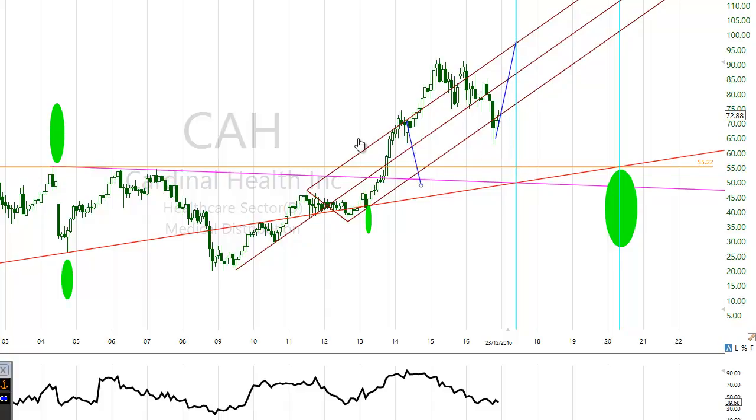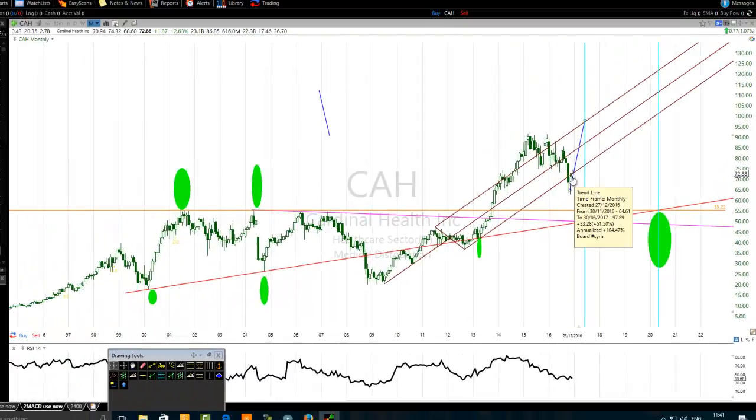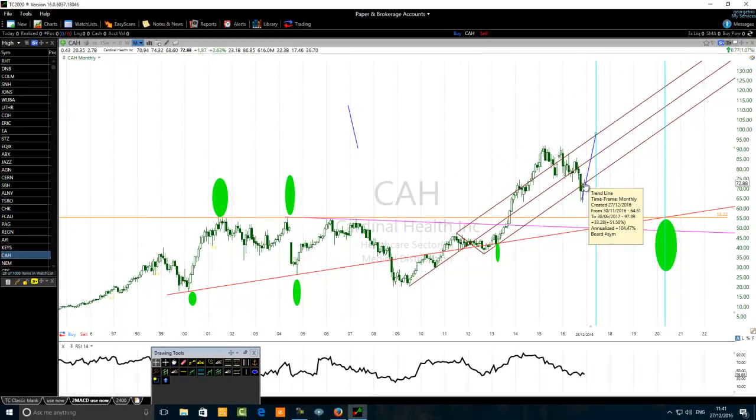It may go back inside the Pitchfork tool because it went out. It's trying to go back inside. If it continues to go out and reaches this vertical point, that vertical point is the intersection of two key levels.